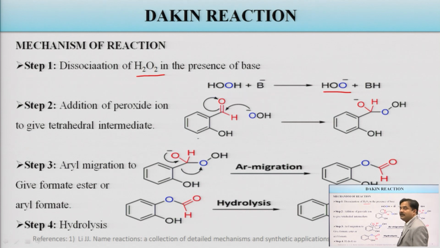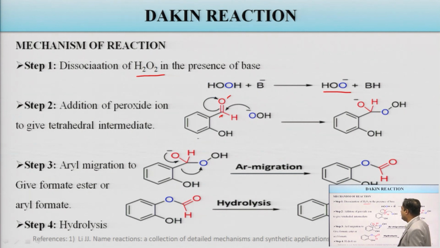How is it happening? You know that the carbonyl oxygen is more electronegative than this carbon. This is a polar bond, so the electrons go towards the oxygen, and at that time this carbon becomes slightly positively charged. At that time this anion attacks this carbon, and we get this tetrahedral intermediate.